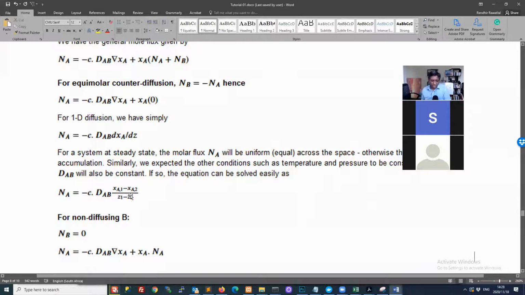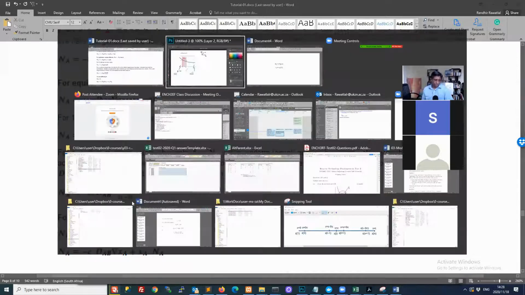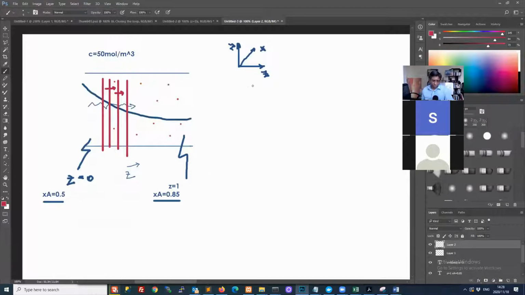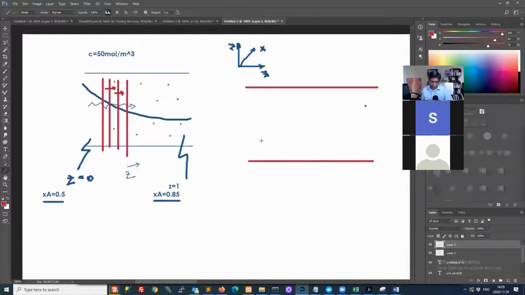You can just integrate this and you get a form like this. So this tells us that our system has a linear dependence on Z, right? If we were to draw that, we've got one concentration here corresponding to 0.5, and another concentration there, 0.85, and the concentration profile simply looks like this.